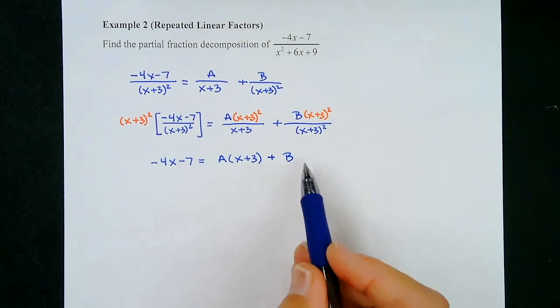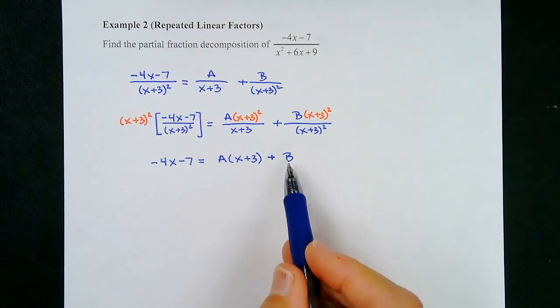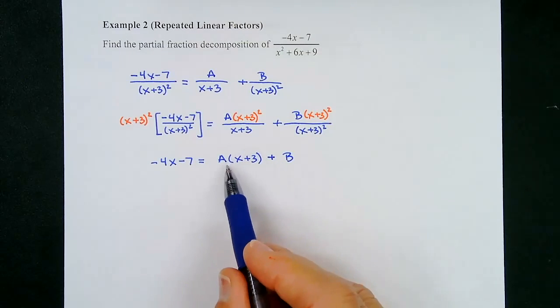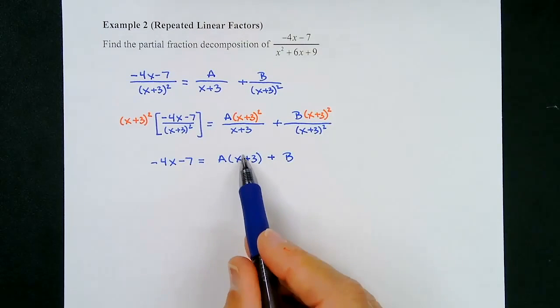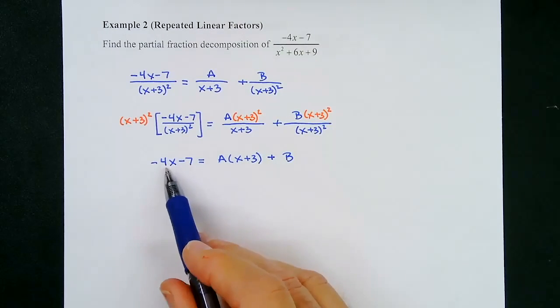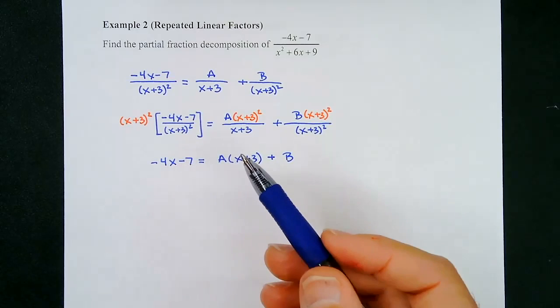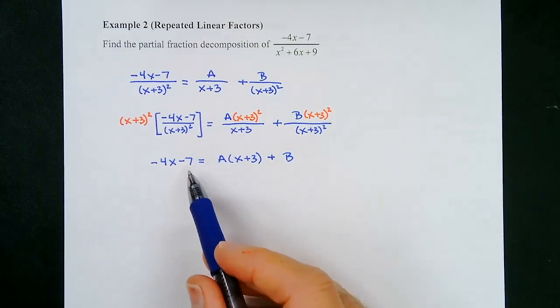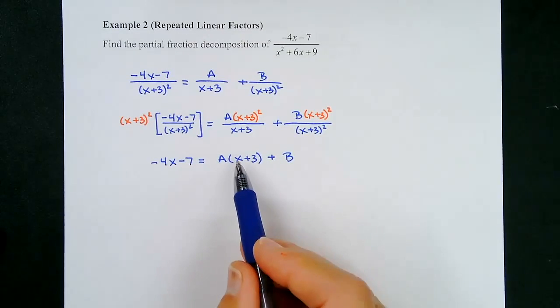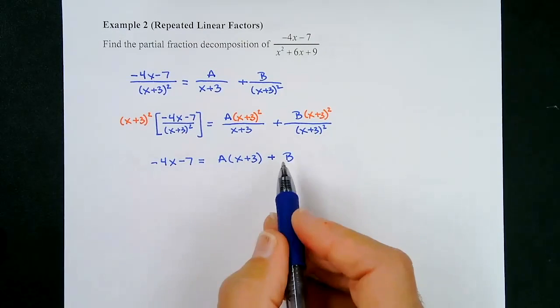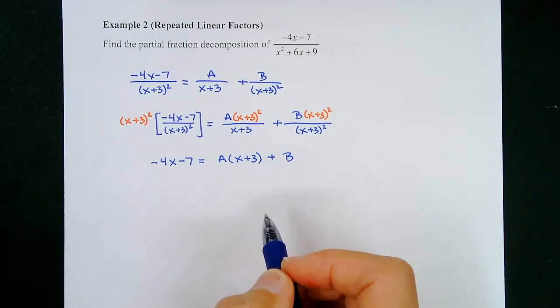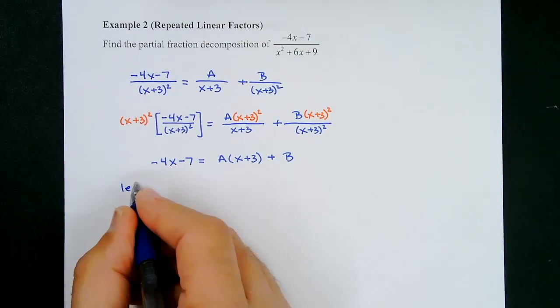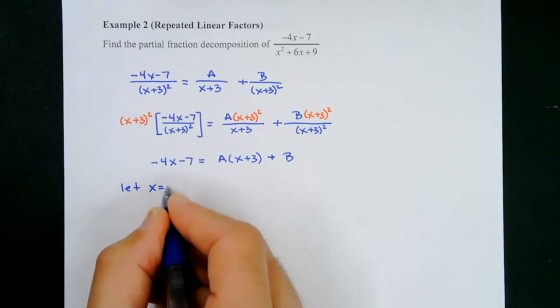So there's no way that we're going to be able to make this be 0, right? Like, okay, we can make this one fall out because we can make x be -3 here. And actually, that's what I want to do first, okay? So I want to let x equal -3 because I can take care of that one first. And then that's going to allow me to figure out what the b value is, okay? So we're going to let x equal -3.